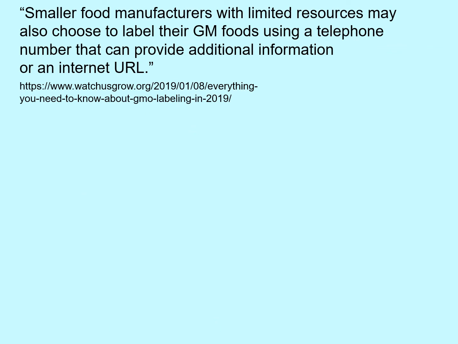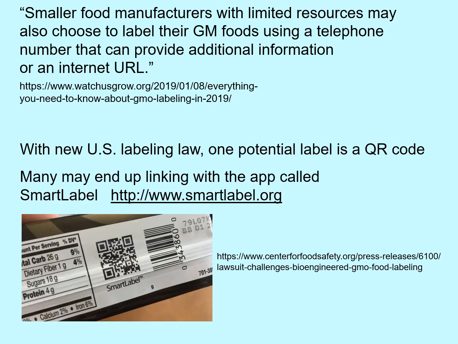Now, smaller food manufacturers with limited resources may also choose to label their foods using a telephone number that can provide additional information, or an internet URL. One potential label is a QR code, and many products may end up linking with the app called Smart Label. And here's a link to a web page that explains it.